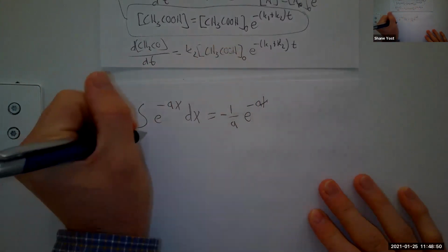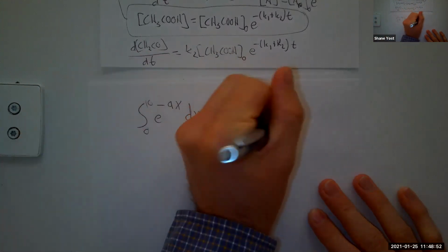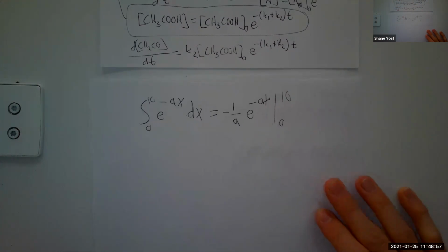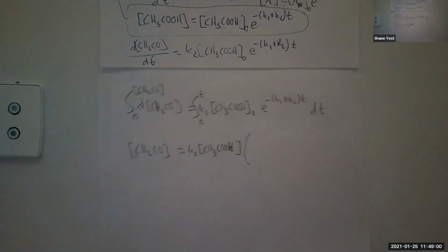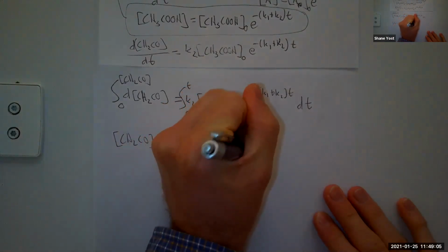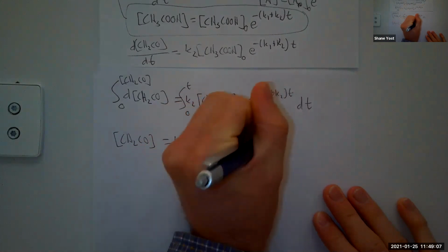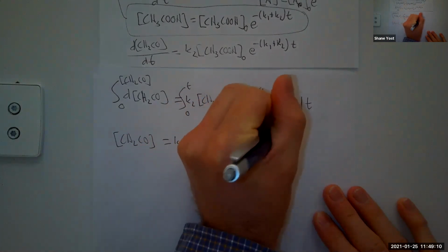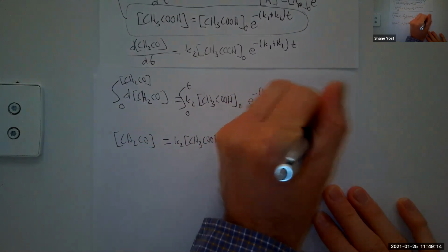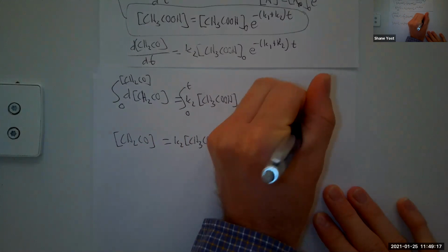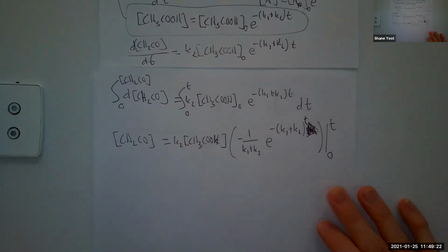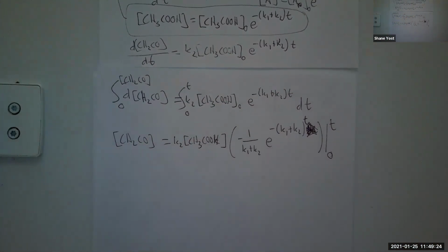Then if I'm integrating from 0 to t, I'd evaluate that at 0 and t. So this integral here is just minus 1 over (K1 plus K2) times e to the minus (K1 plus K2) t, and then I have to evaluate that at time t equals 0 and time t equals t.